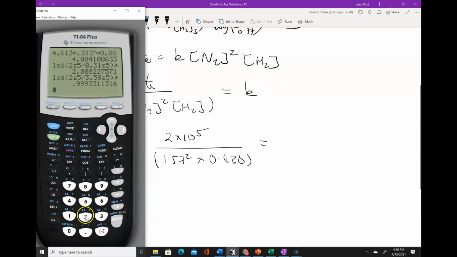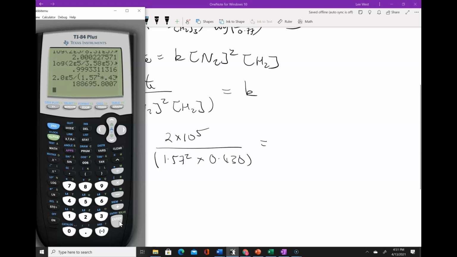All right. 2.0 by 10 to the 5 divided by parentheses 1.57 squared times 0.43, all closed.